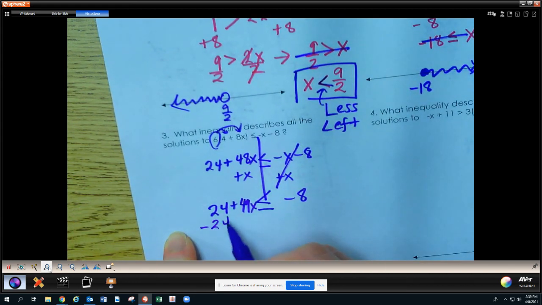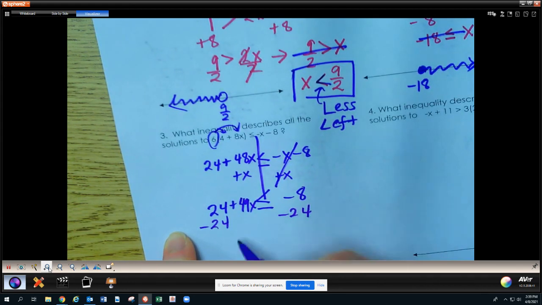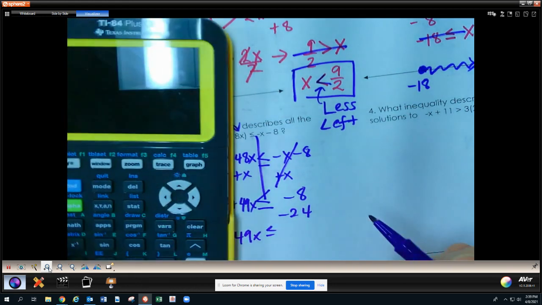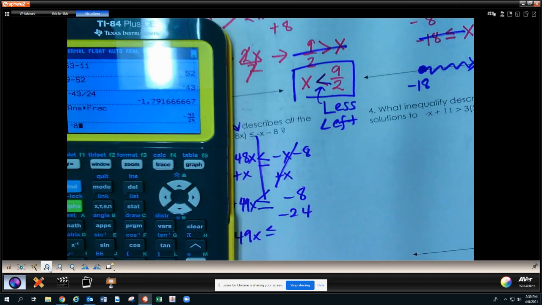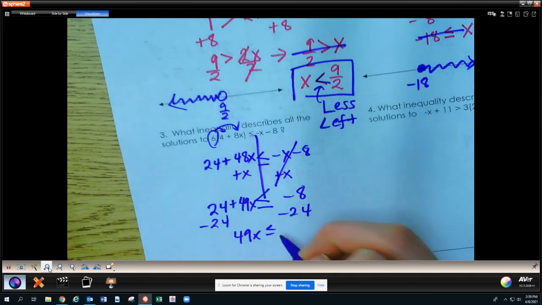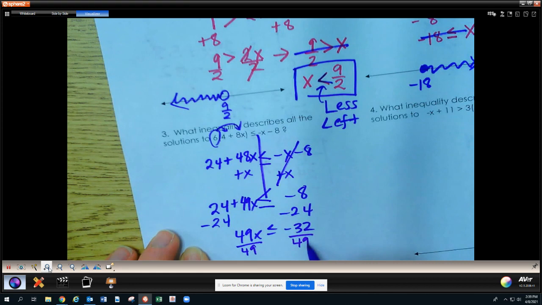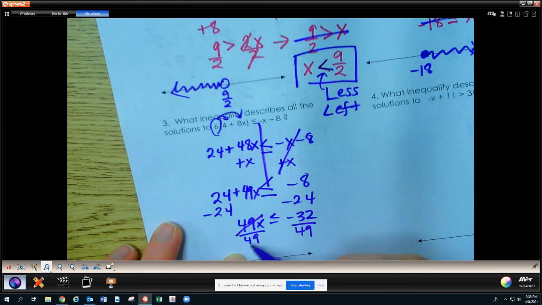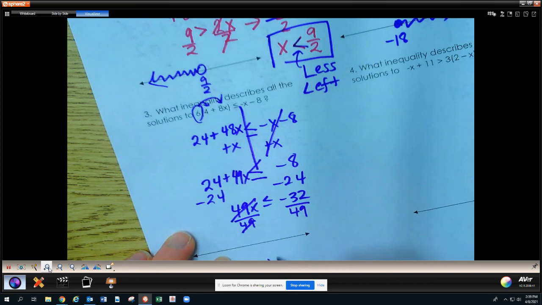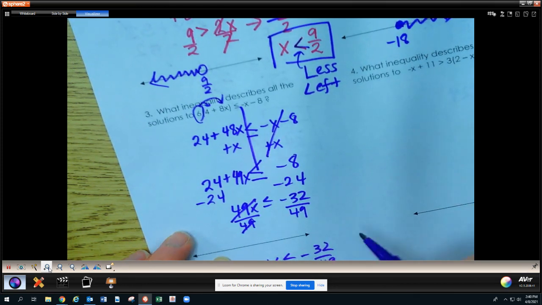Next, we need to move the constant to the other side. -8 minus 24 is -32. Divide by 49. We're dividing by a positive number, so do not flip your inequality. And so our final answer looks like that.